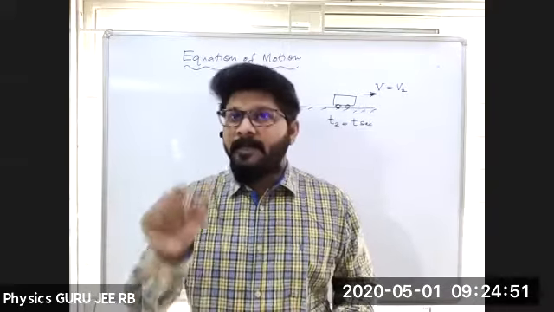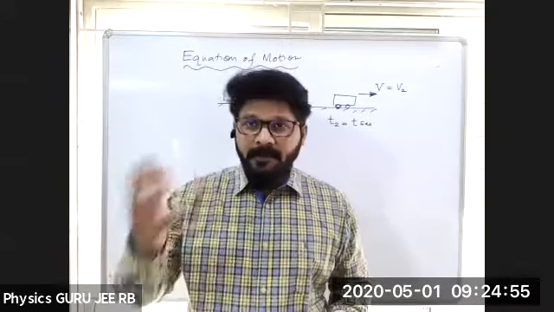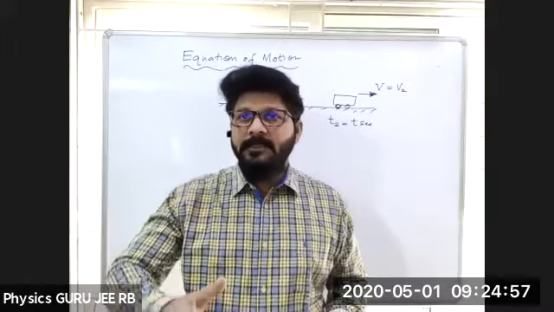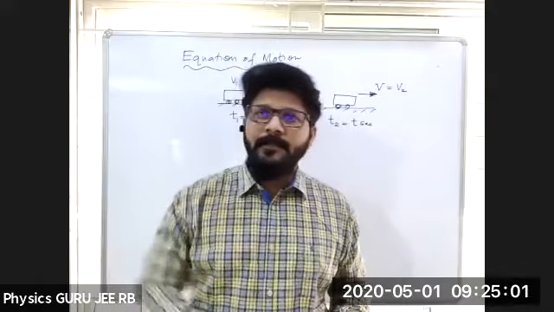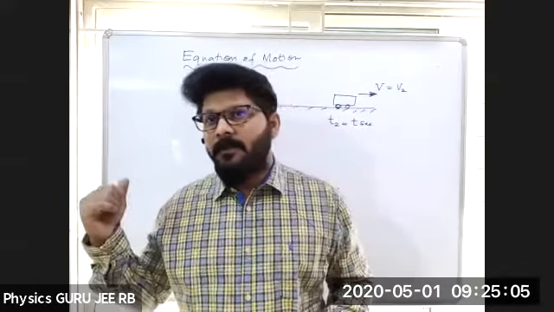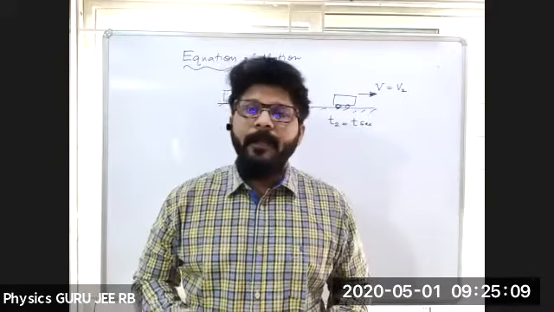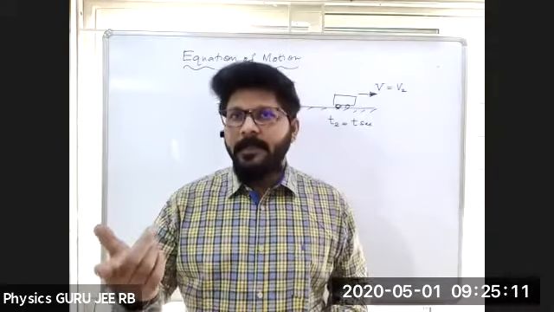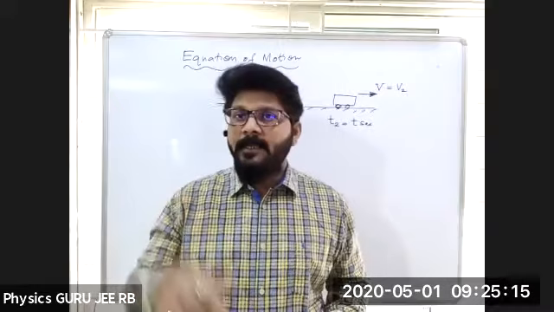And now by the definition method, once we know all the definitions till now, average velocity, velocities, uniform, non-uniform, acceleration, all those things, with respect to definitions we are going to derive the kinematic equations. Second is the graphical method, and third is the integration method.